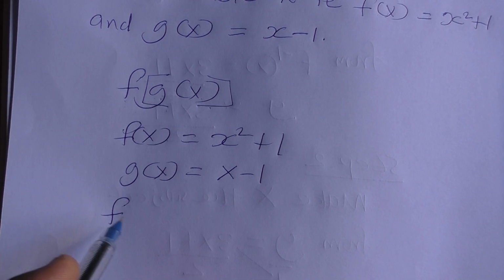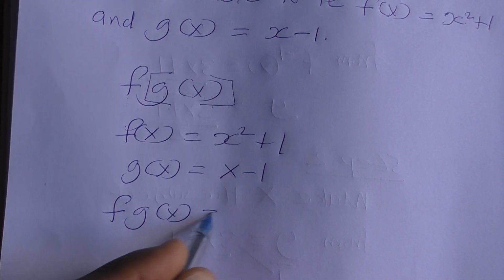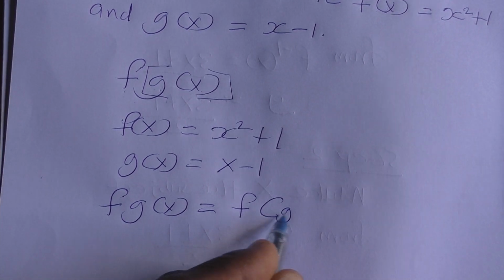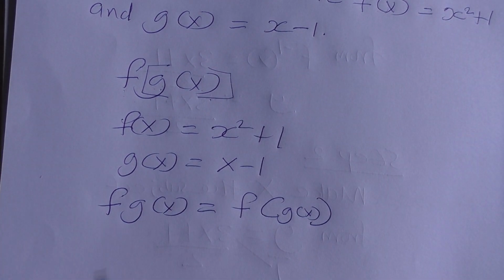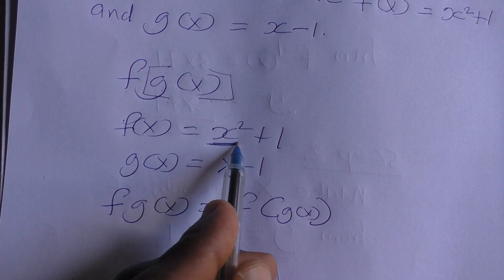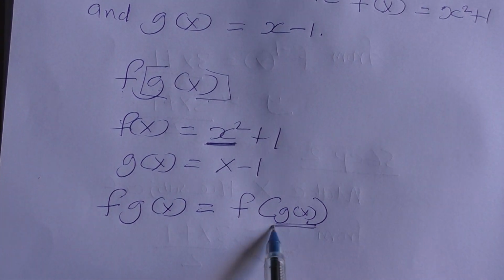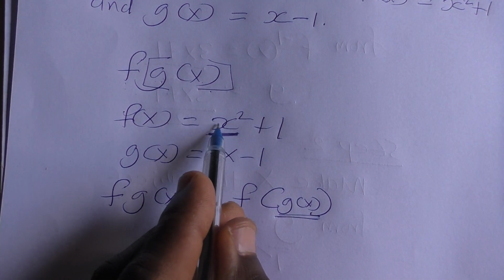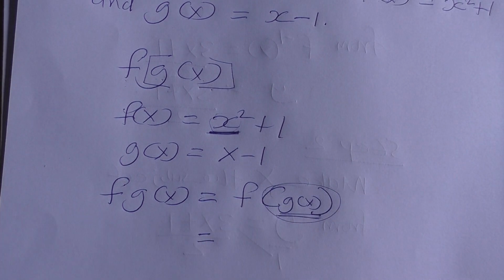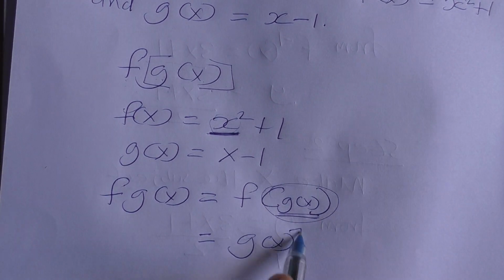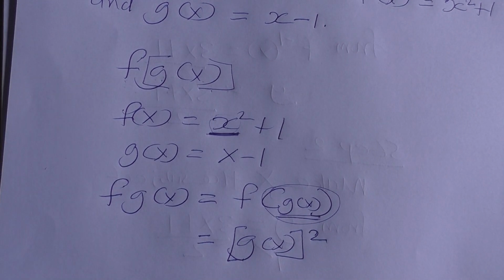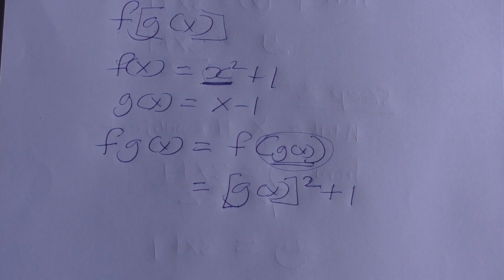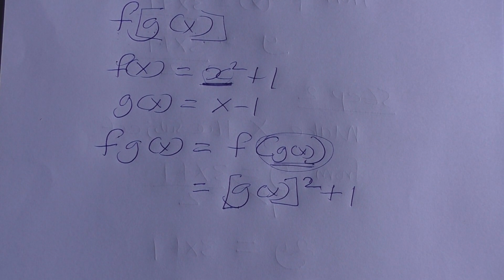Now, how shall we get fg of x? Fg of x means it is f of g of x, meaning in our f of x, where we have x is where we shall write g of x. That is, where we have x is where we shall write the function g of x, this is squared, plus 1. That's why we say that a composite function is a function of a function.